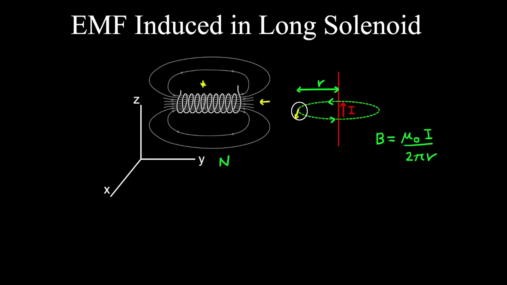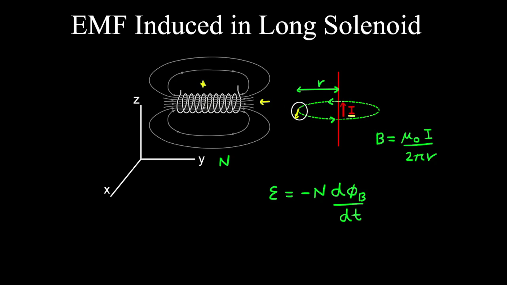So for this solenoid with n number of turns, Faraday's law states that the EMF is equal to minus the number of turns multiplied by the change in magnetic flux through a loop of the solenoid with respect to time. So if this current in the wire is steady, then that won't produce a change in magnetic flux through the solenoid.